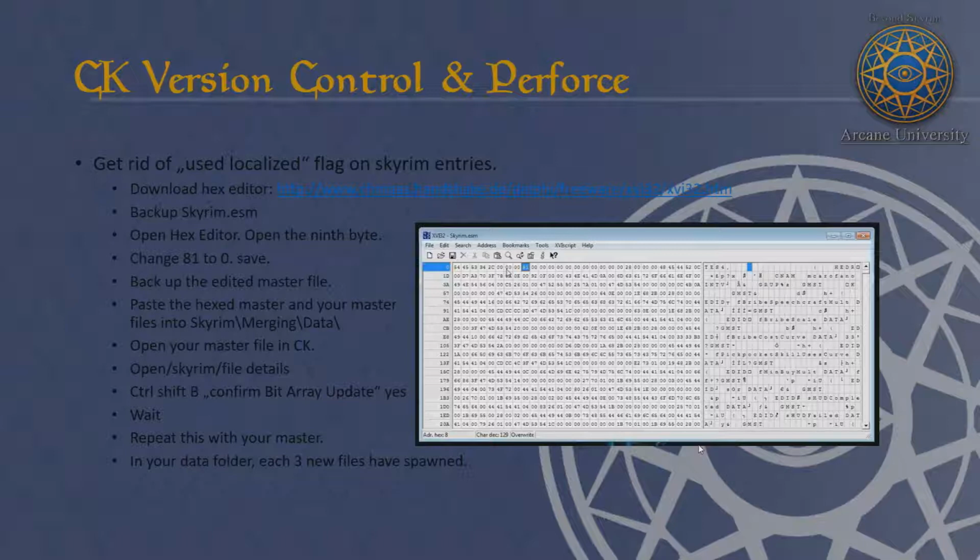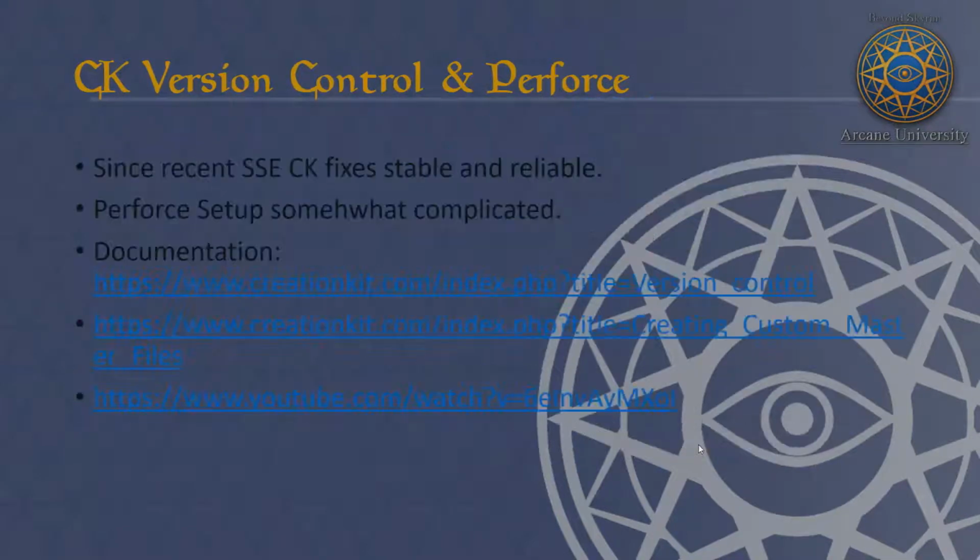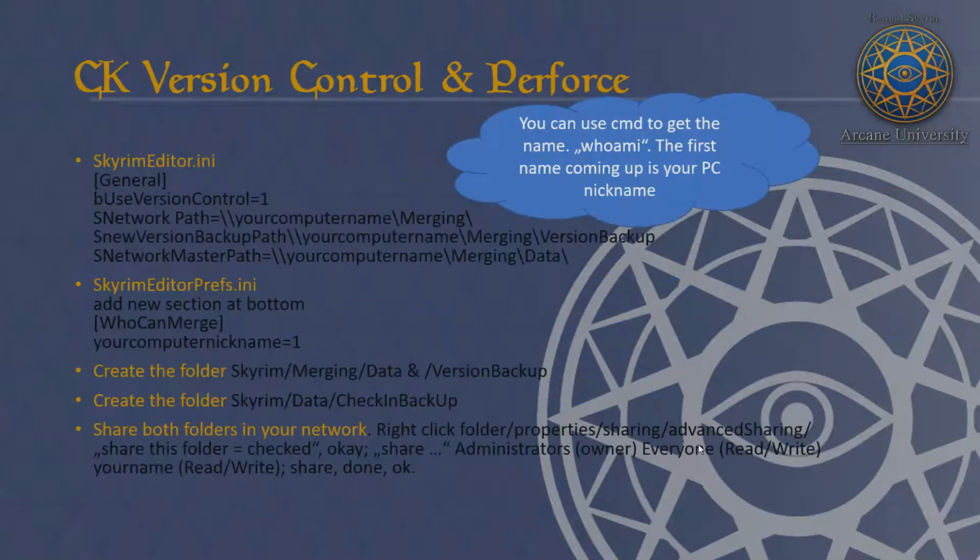It's also described in that video I linked below, and you also have the official Creation Kit website wiki's explanation for version control and creating custom master files, which is recommended.